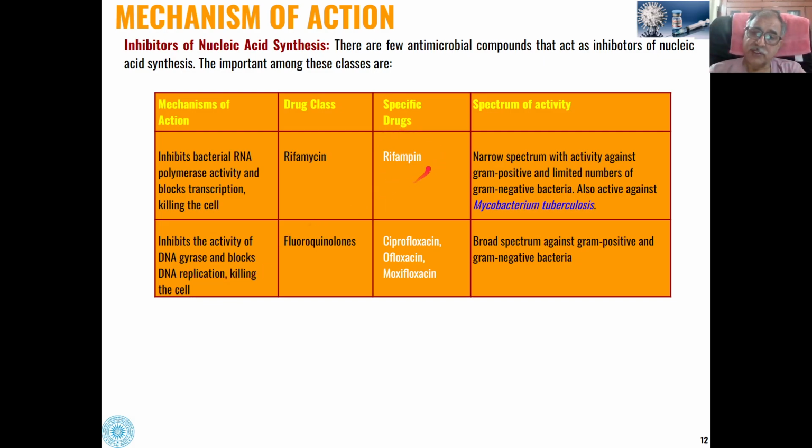A commonly used antibacterial agent under this category is rifampin, whereas under the other category are ciprofloxacin, ofloxacin, and moxifloxacin. Rifamycins have a narrow spectrum of activity against gram-positive and a limited number of gram-negative bacteria, whereas fluoroquinolones show broad spectrum activity against both gram-positive as well as gram-negative bacteria.